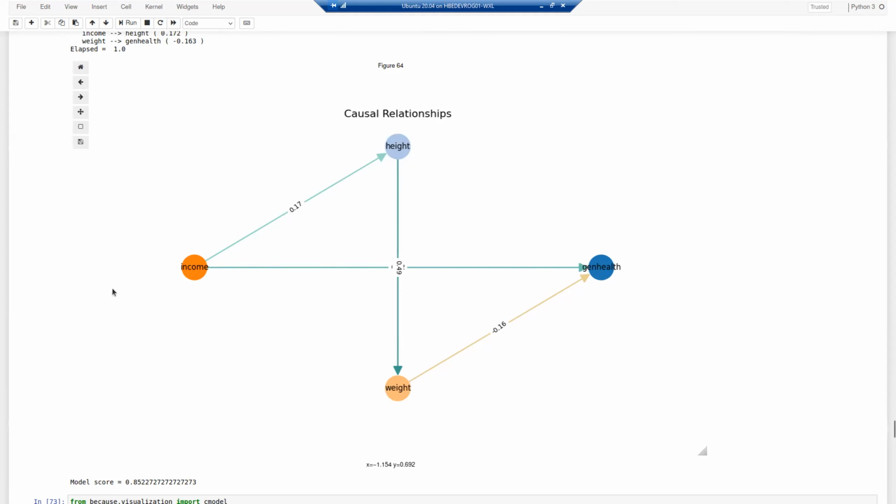Now, also note about the links here. The strength of the link implies the strength of the causal effect after removing all the correlative information. So these are actually true causal strengths, assuming that this model is correct. If we change the model, we'll get different strengths because we use the model to sort out correlation from causality.